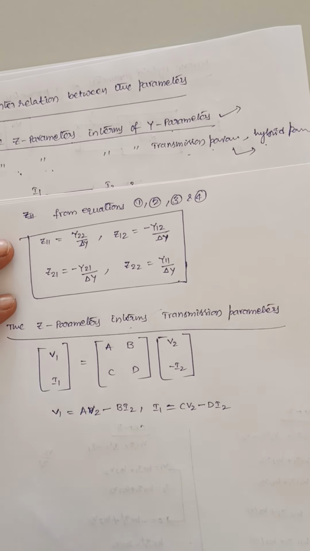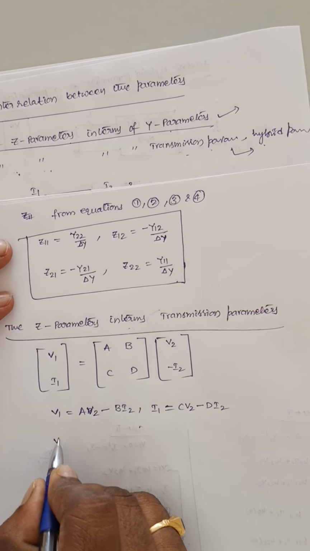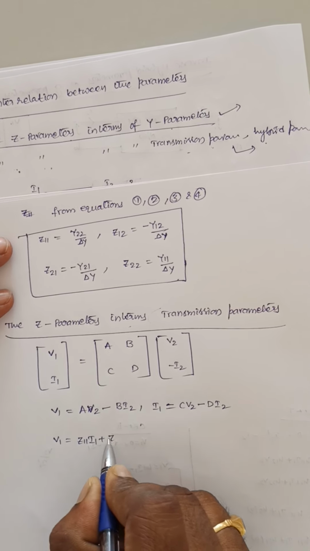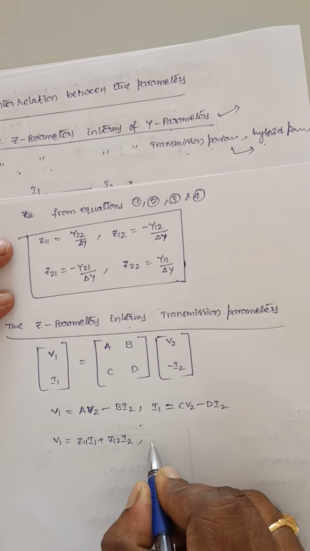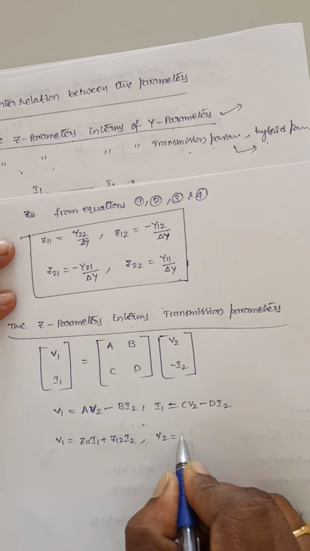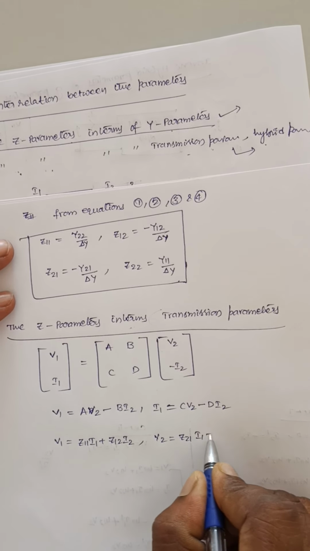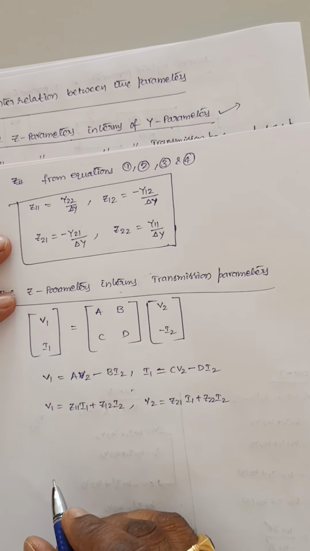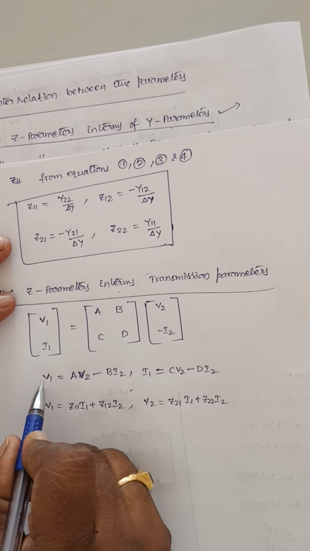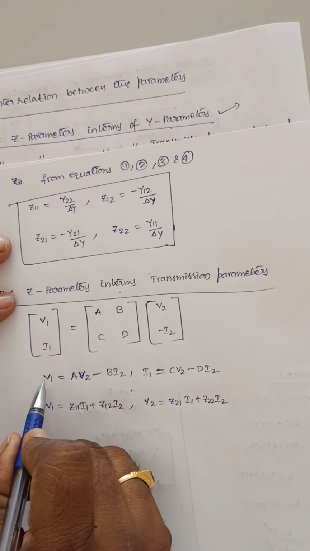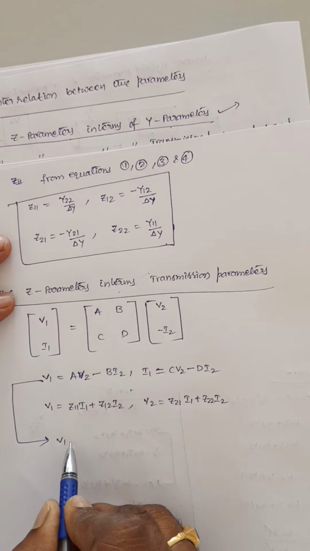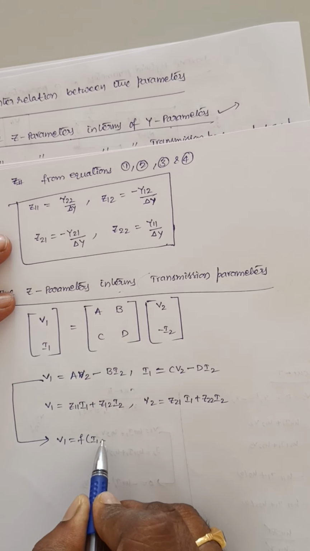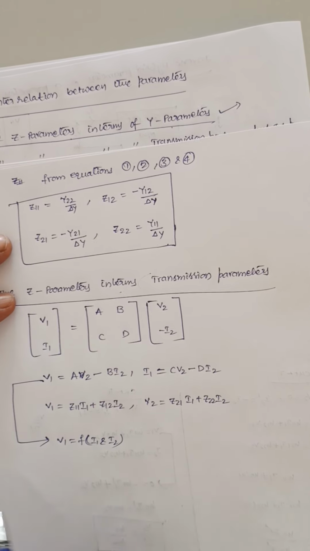Right? Now, what are Z parameters? V1 is equal to Z11 into I1 plus Z12 into I2. And also V2 is equal to Z21 into I1 plus Z22 into I2. Okay. So here I need to convert this V1 equation as a function of I1 and I2.